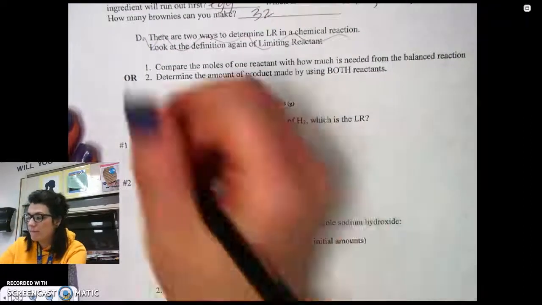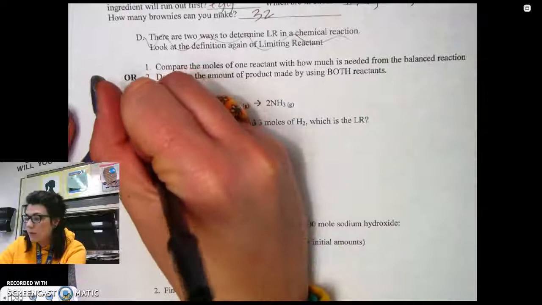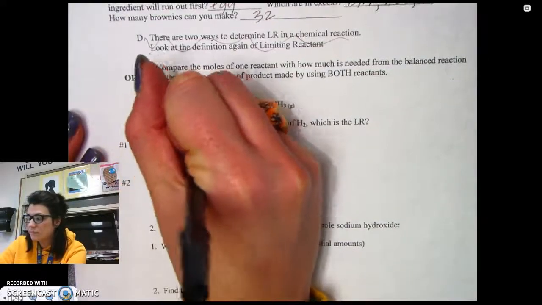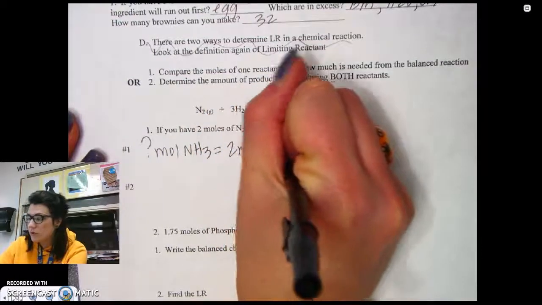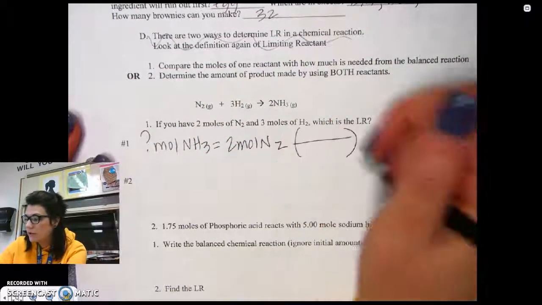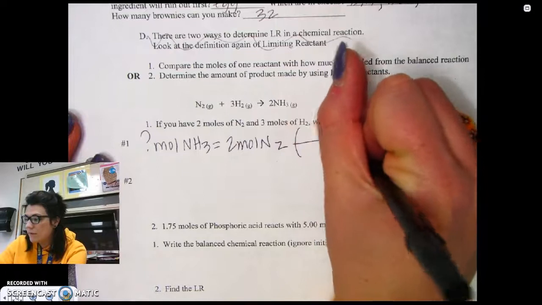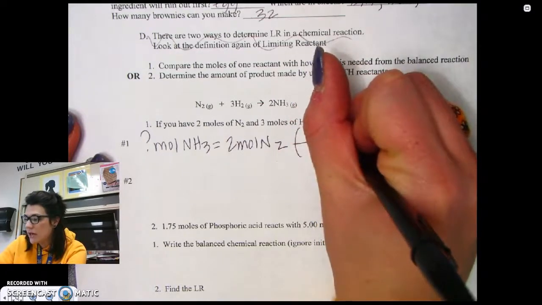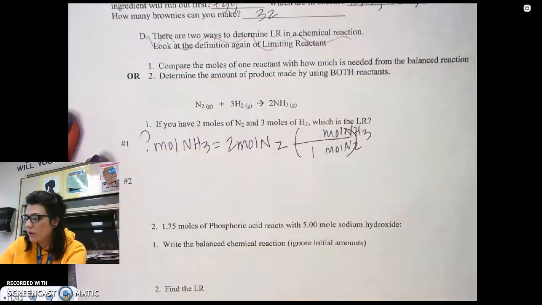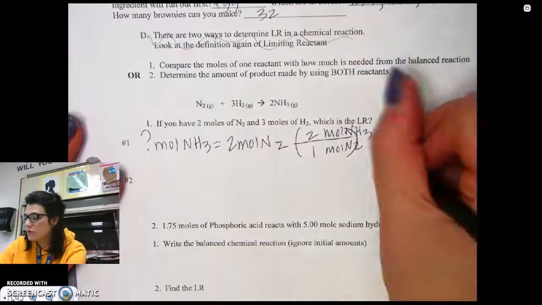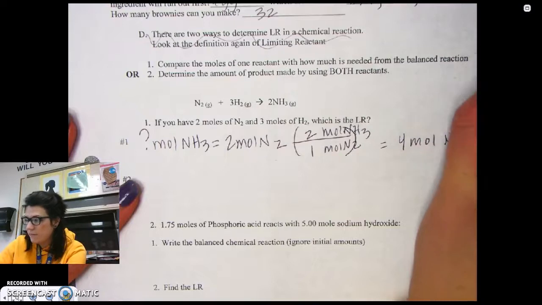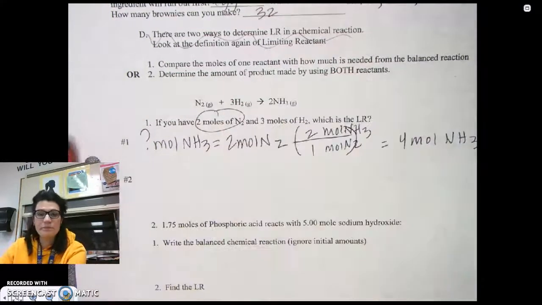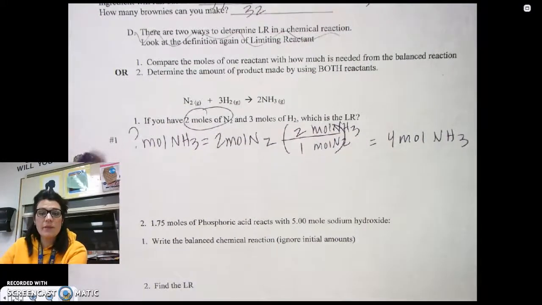So, for example, you can say question mark moles of NH3, and I'm given 2 moles of N2, right? I'm going to convert mole of N2 in the bottom, mole of NH3 in the top, and for every 1 mole of N2, I will have 2 moles of NH3, which means I can make 4 moles of NH3 with this. And then I'm going to do the same thing with H2.